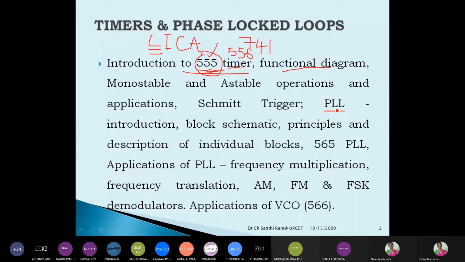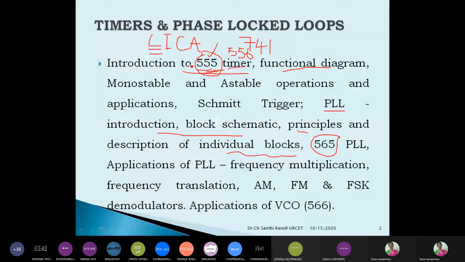For the phase locked loop, we study the basic concept, block schematic, introduction, principle, and description of individual blocks. This PLL is available as an IC named 565, so this 565 IC we are also going to study.